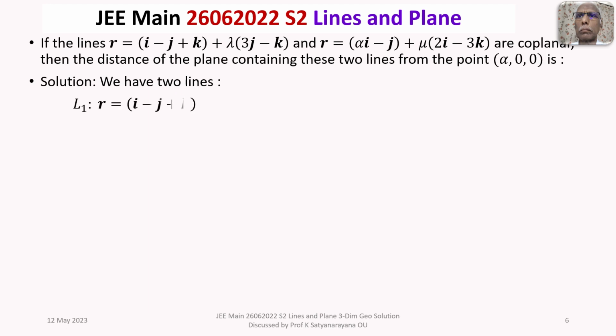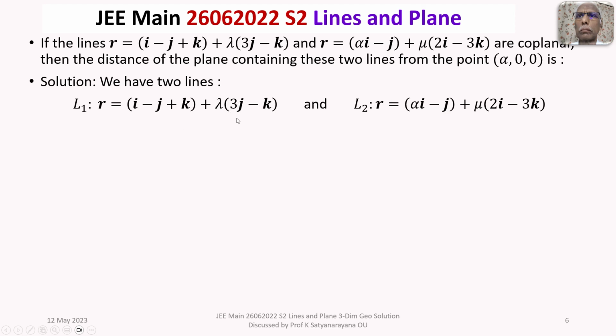We have two lines which are given in a vectorial notation, and the first line we call L1 and the second line we call L2. L1 is given by r is equal to i minus j plus k plus lambda times 3j minus k.